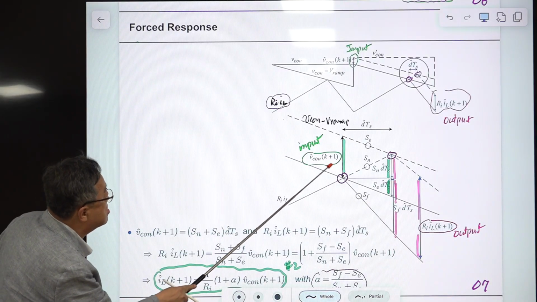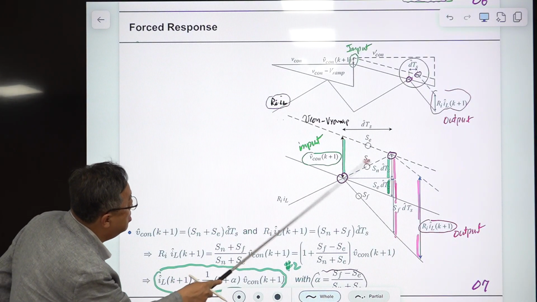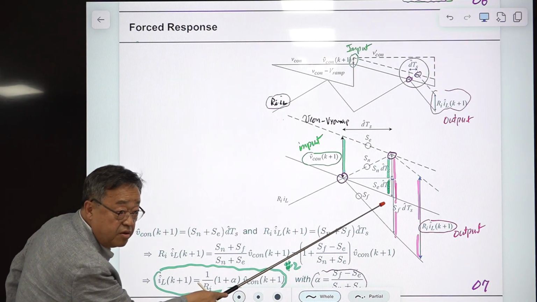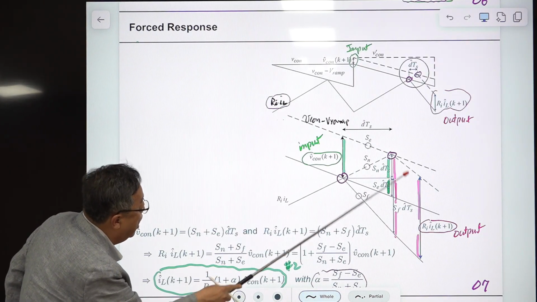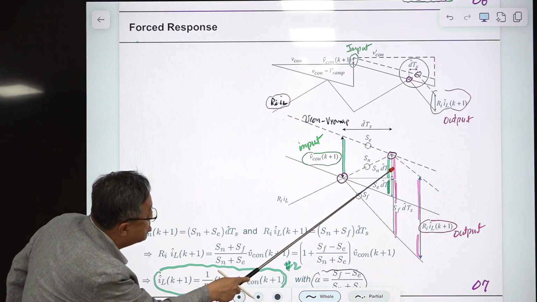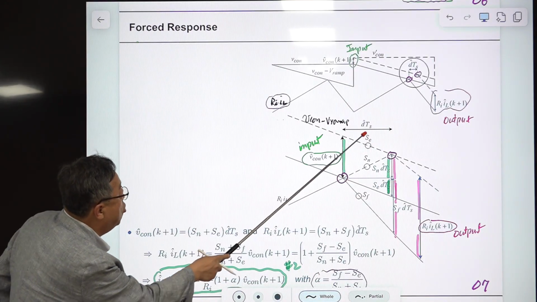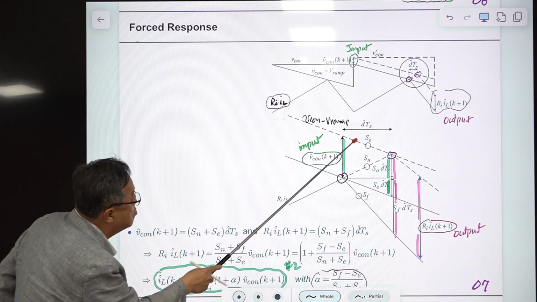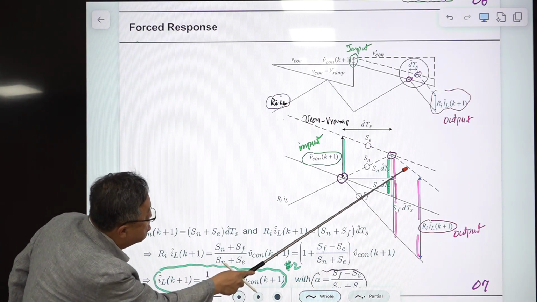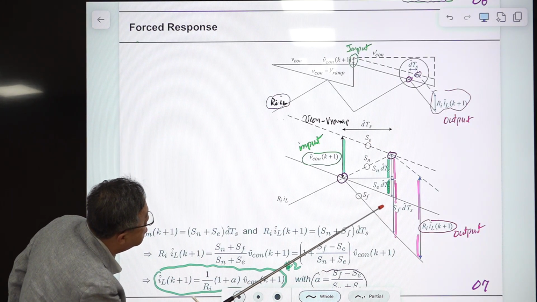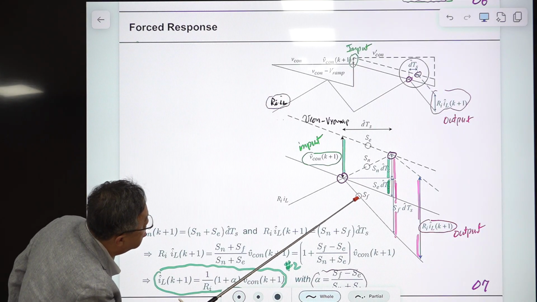Then this green line segment is this one plus this one from this construction, and this long one is this one plus this one, right? And you know this Ts, and you know the slope. For example, this length is what? This length is this times this time.